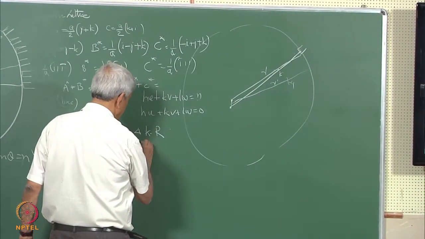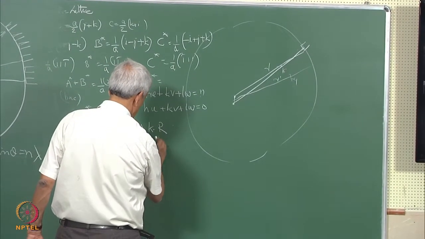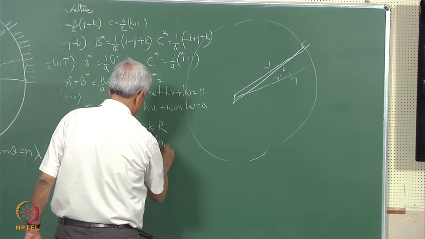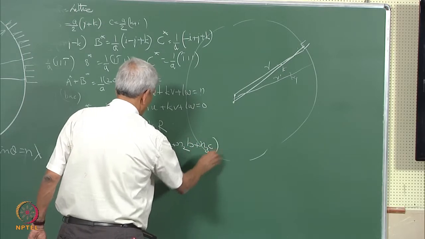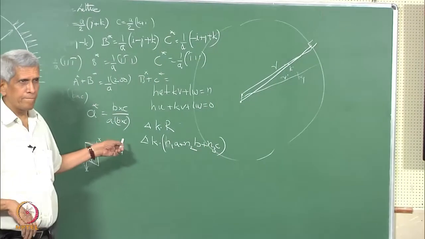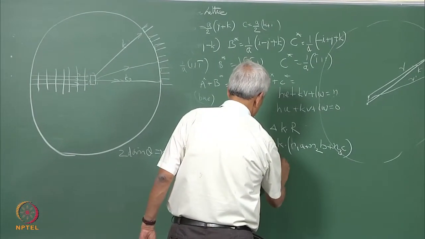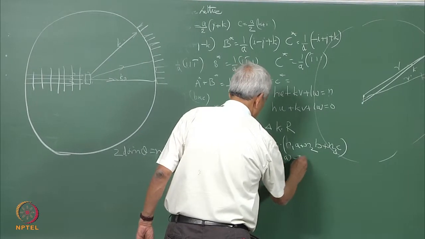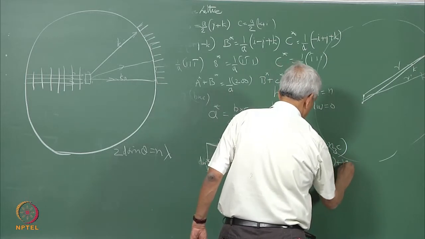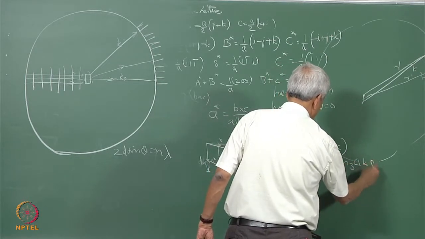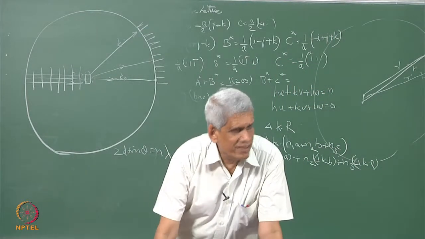R can be written as n1 into A plus n2 into B plus n3 into C, right. So this will turn out to be n1 into delta k dot A plus n2 into delta k dot B plus n3 into delta k dot C. This is what it will turn out to be. All these things we have looked at in the last class.